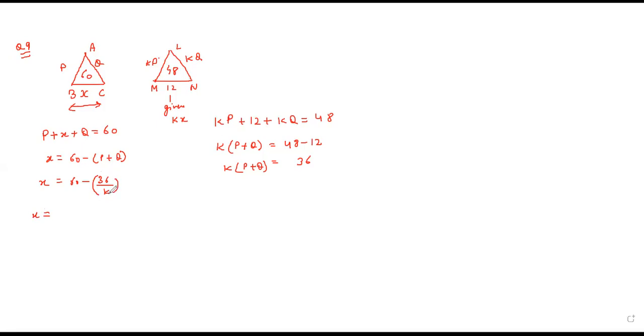So now what remains is that I want to get the value of K. If I get the value of K, then from there I can get the answer. Okay, so now use your mind and think about how I will get it.